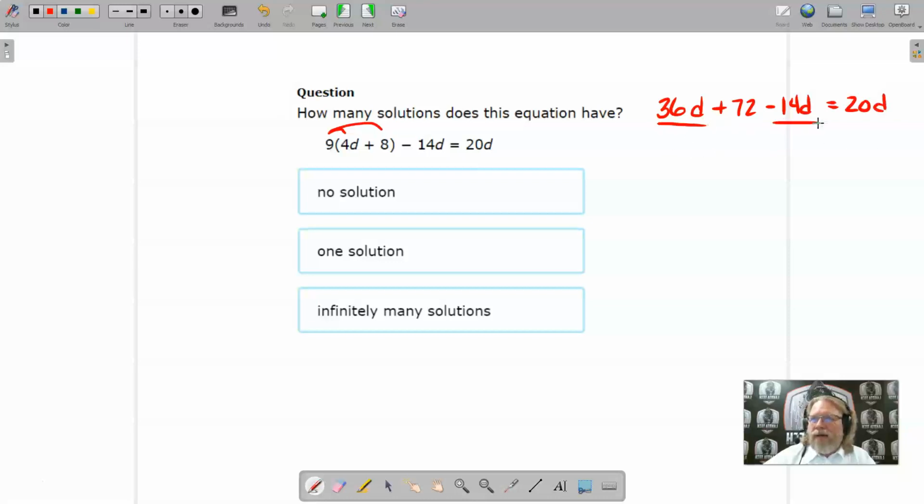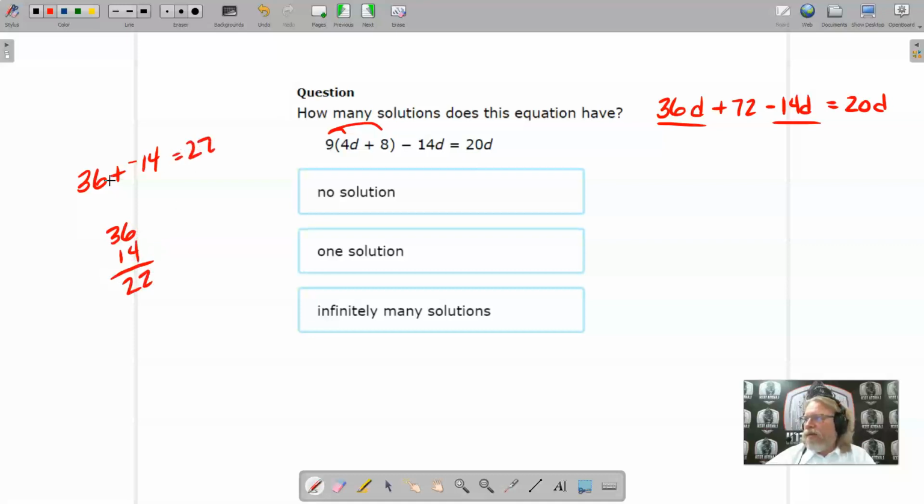So we probably need to combine some like terms. We have terms of d here and terms of d here, 36 and 14. So we're going to take 36 and add to that, this is minus 14, so it's plus negative 14. So we are adding a positive and a negative number, so we actually wish to subtract. So let's go ahead and find the difference there. That's 2 and that's 2. That sound right? 22.